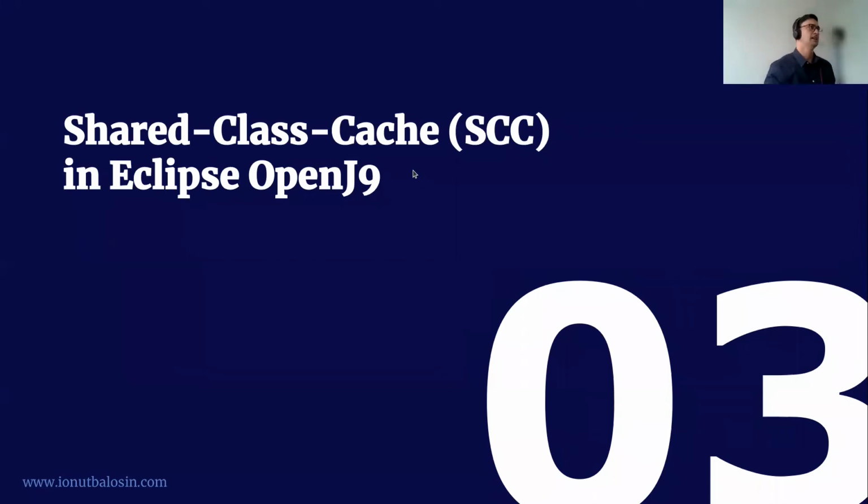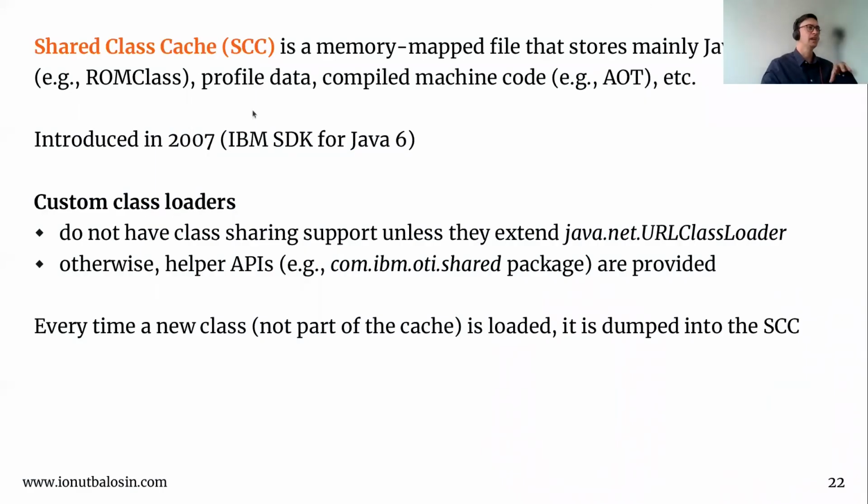But the main difference with the one from OpenJ9 is that inside the archive, it's not only bytecode or pre-processed metadata, but also compiled code, which was generated during the runtime.